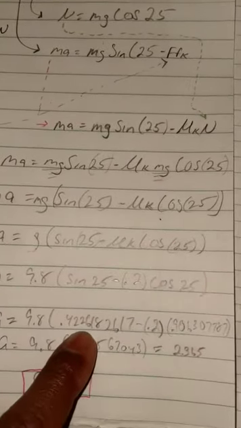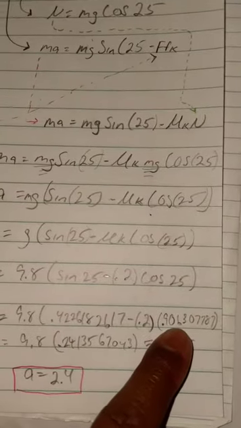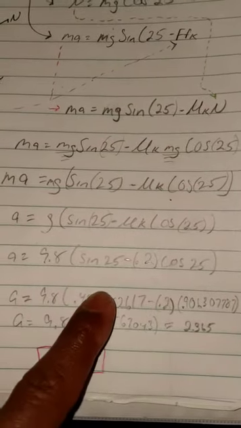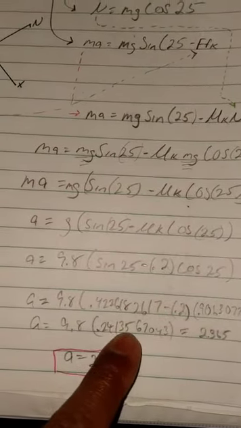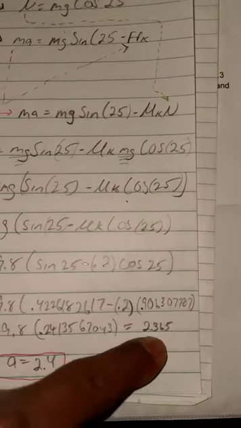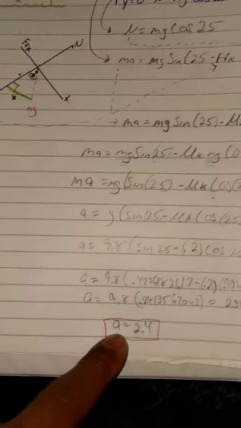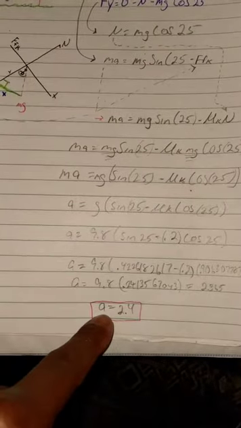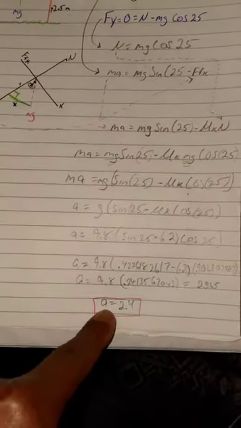Sine 25 equals that. That minus that gives me this, and this times the gravity equals this, which rounded equals the acceleration. The magnitude of the acceleration is 2.4.